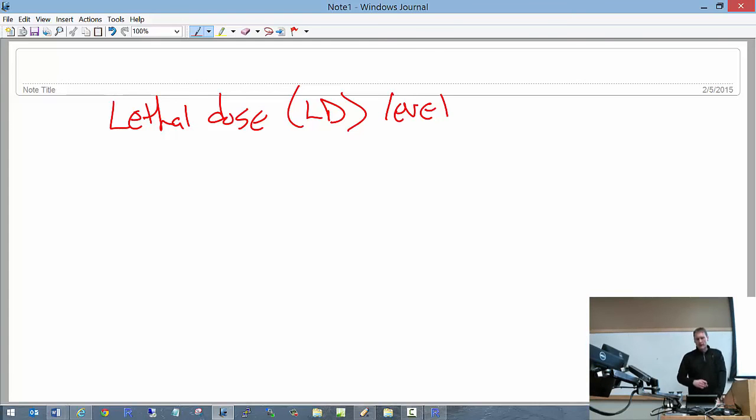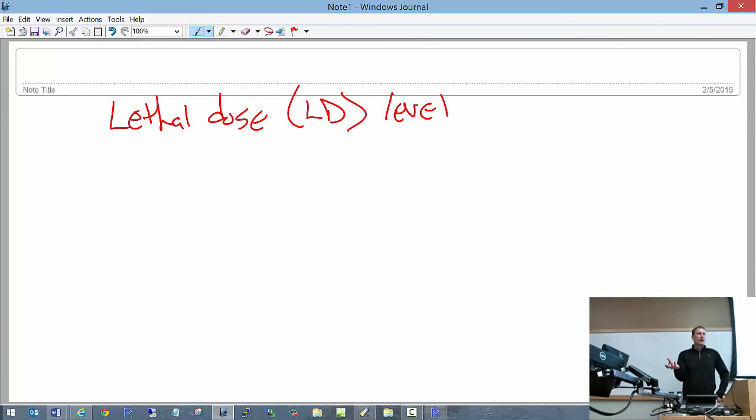This is of interest in situations where, let me give you this example. Suppose that you have an apartment that's maybe 900 square feet, and you want to know what level of a pesticide needs to be applied in that apartment to kill all scorpions in it.